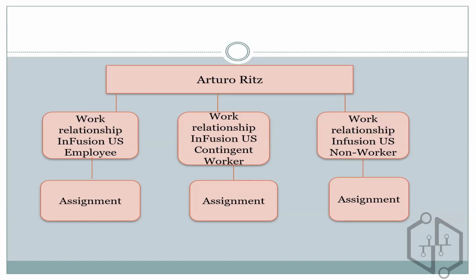No. If he is employed as an employee, he holds one assignment. If he is a contingent worker, he holds the second assignment. If he is a non-worker, he holds a different assignment. So this is an example of how a person can be treated in a work relationship as an employee, as a contingent worker, as a non-worker.